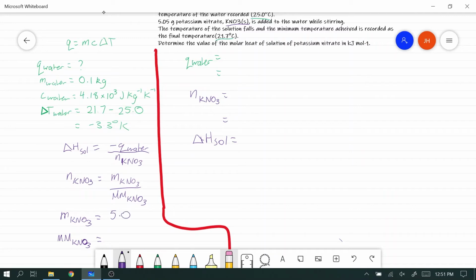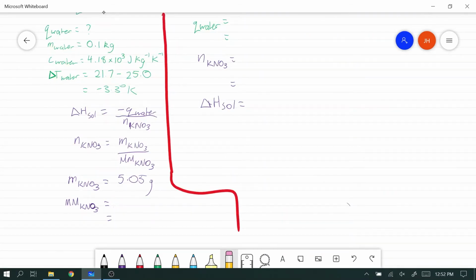That is 5.05 grams. Now we also need the molar mass for this calculation. Now to do that, we can add up the molar masses of all of the elements or the atoms present. So first off, we have potassium, which is 39.1. The nitrogen, which is 14.01, and the oxygen, which is 3 lots of 16.